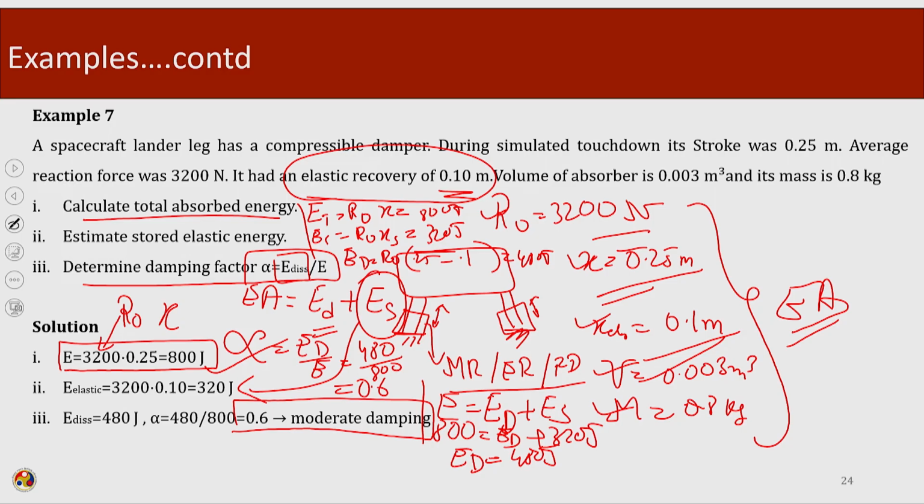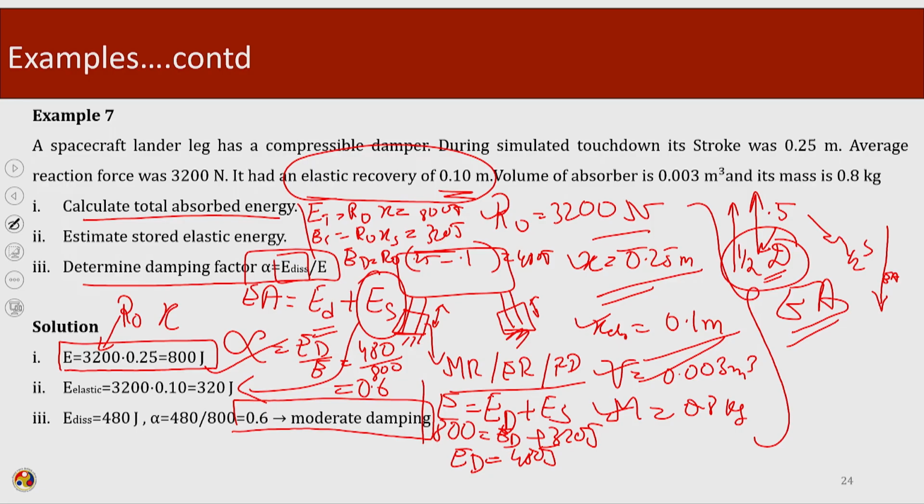So, what is the significance of 0.5? 0.5 is the middle path. If it is 0.5, it means half of the energy in this energy absorber is being dissipated and the other half is being stored. If this value is more than 0.5, it means the efficiency of the energy absorber is increasing, and if the value of the stored energy goes down, it means the energy absorber is an efficient one.